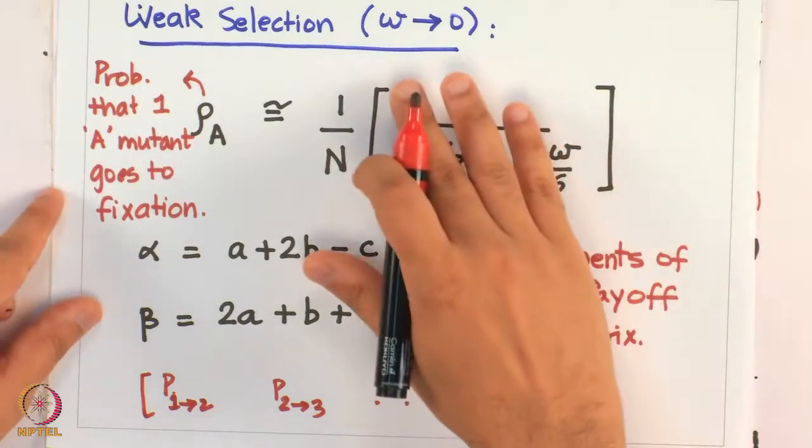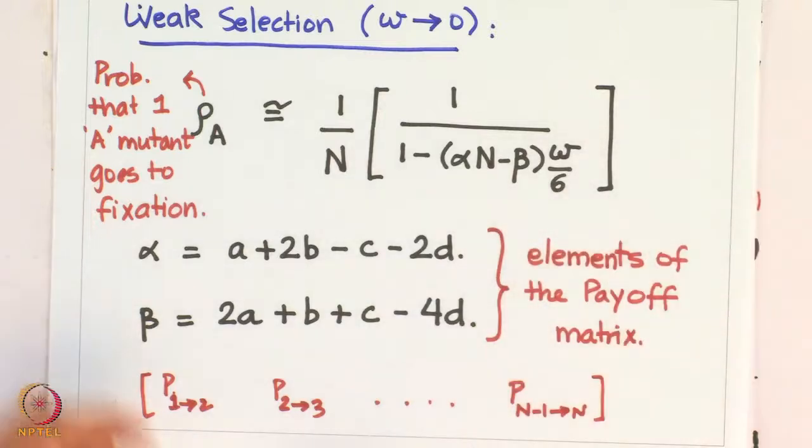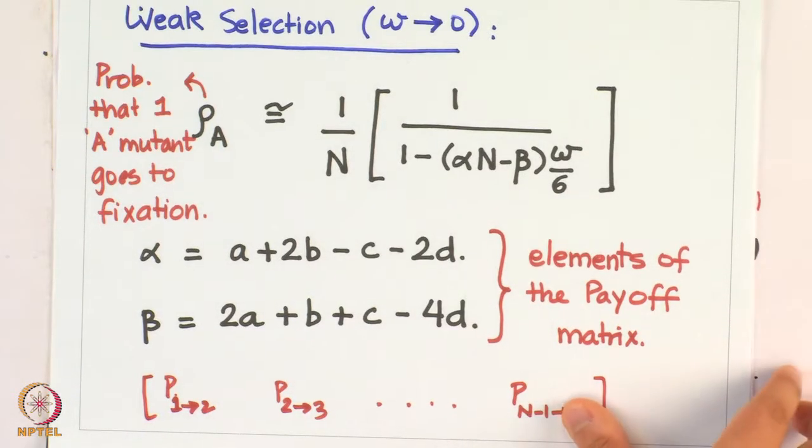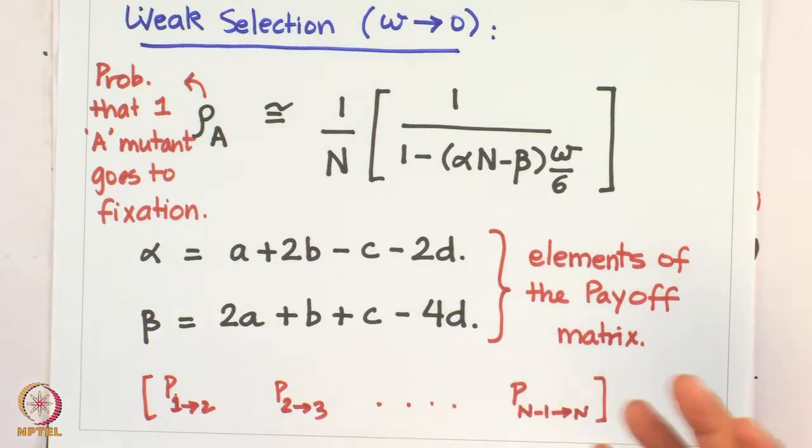Under the regime that selection is weak, this is the expression that we get, and that is the expression we want to work with to understand how population structure has a role to play in dictating probabilities associated with fixation of a particular mutant. So, let me just write the expression again.